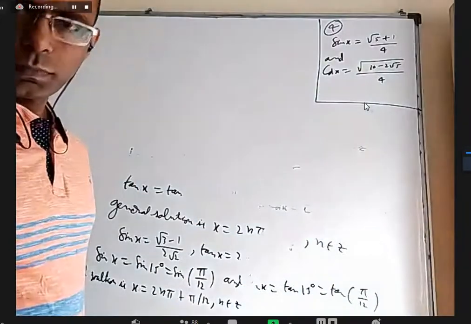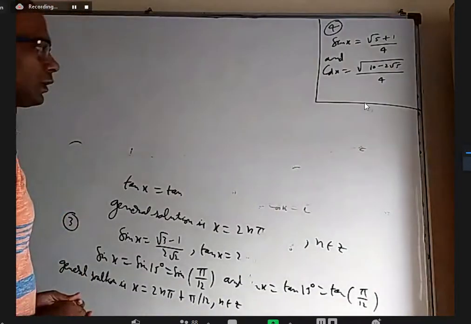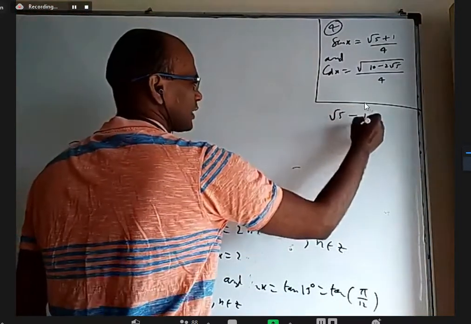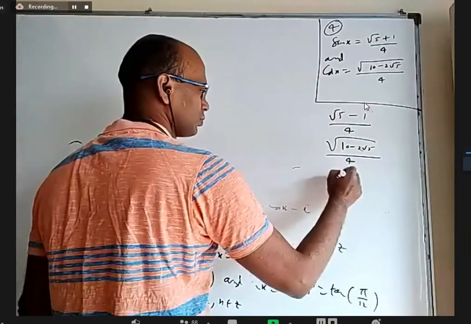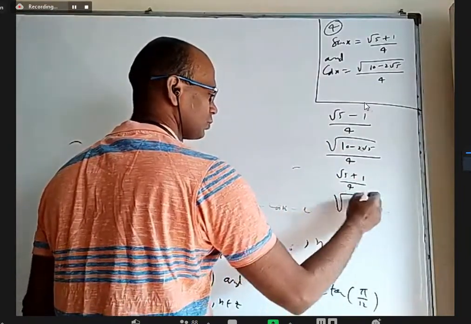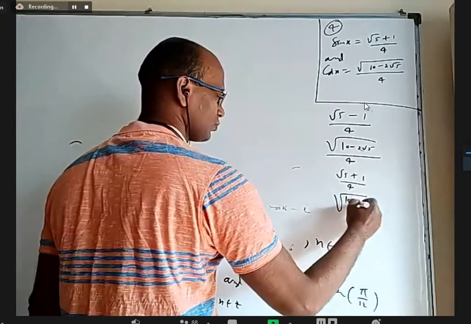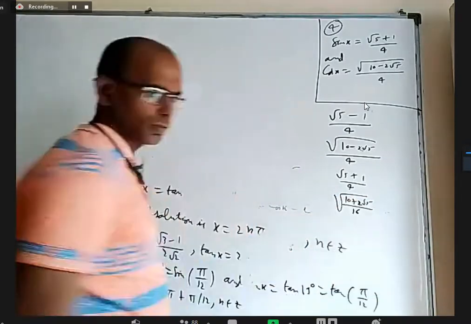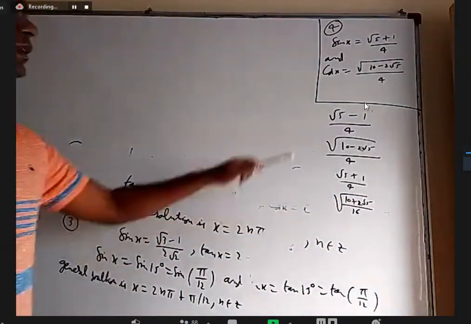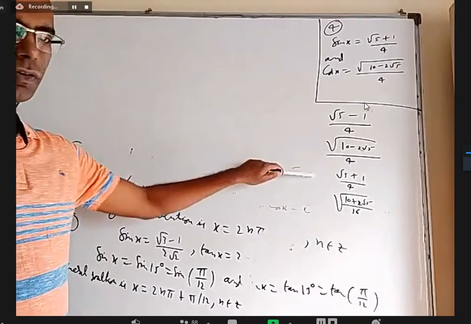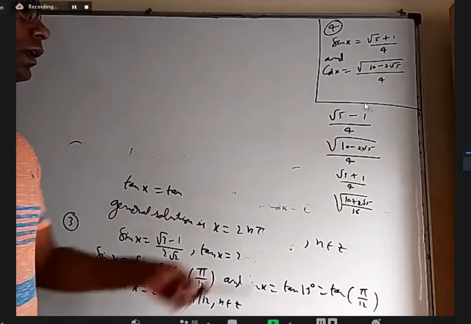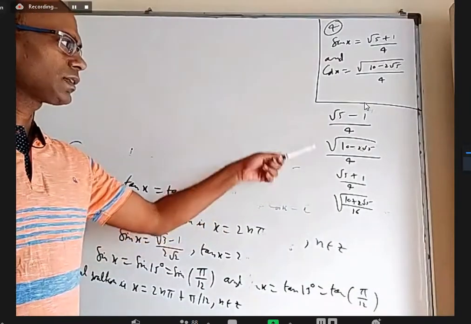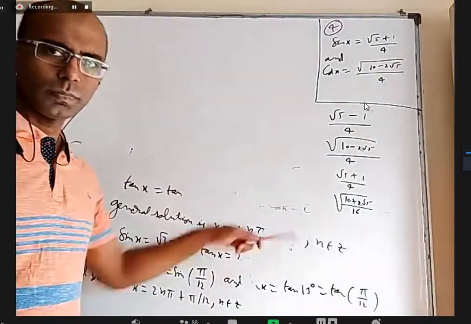We will get four values for sine: root 5 minus 1 by 4, root 10 minus 2 root 5 by 4, root 5 plus 1 by 4, and root 10 plus 2 root 5 by 4. This is for sine 18, 36, 54 and 72. They are also the values for cos 72, 54, 36 and 18, backwards.